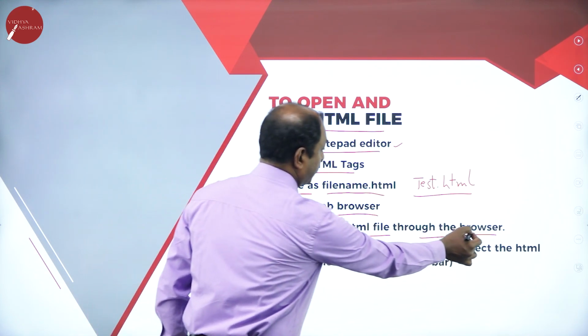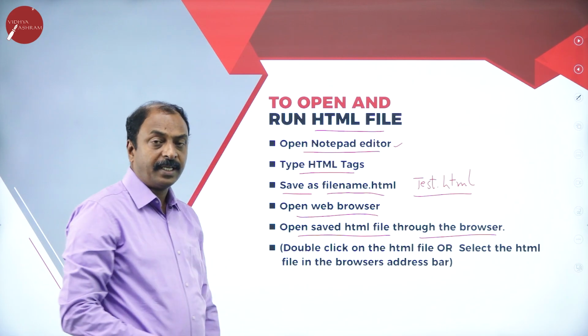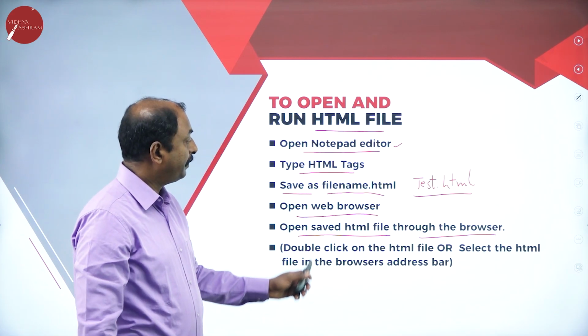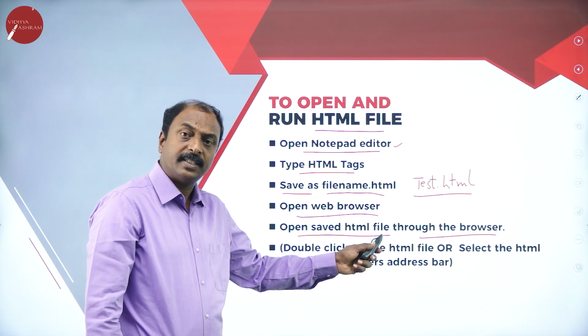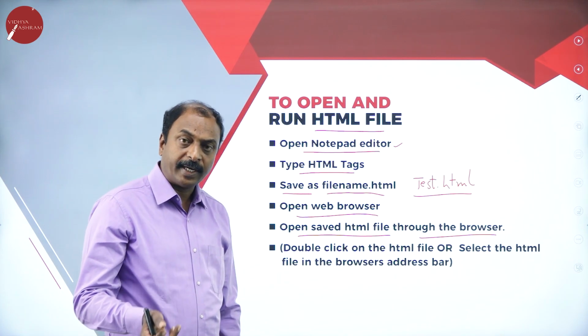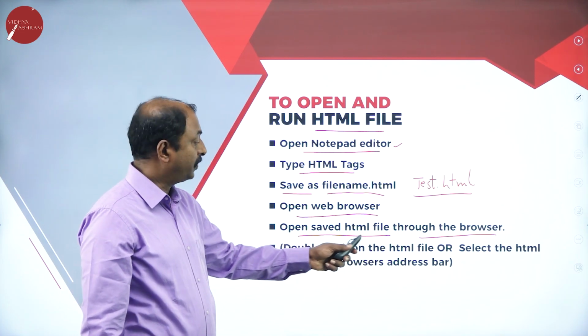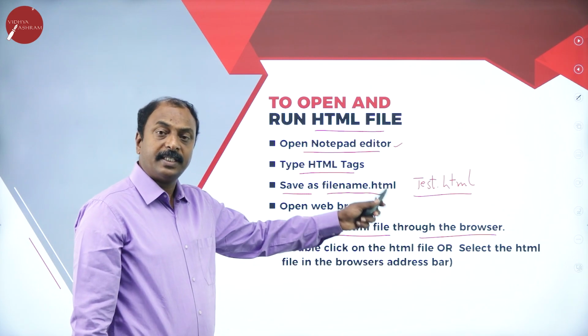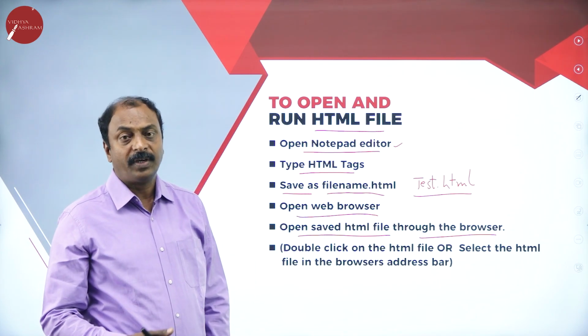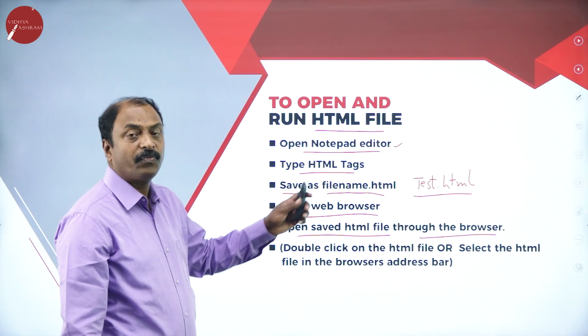After typing this, the HTML document immediately opens in the same tab or in a new tab with the information. So this is how to open an HTML document, or this is a way to execute an HTML file.